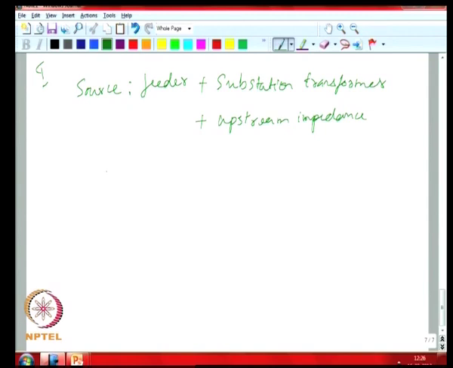So, your short circuit current is 120 MVA divided by 3 divided by 11 kV divided by root 3. This gives 6.3 kiloamps as your short circuit current level.